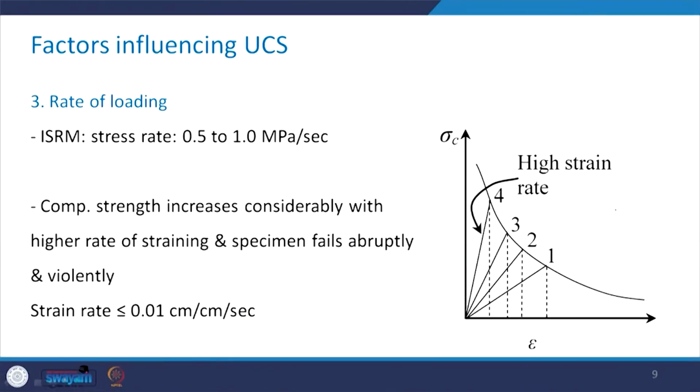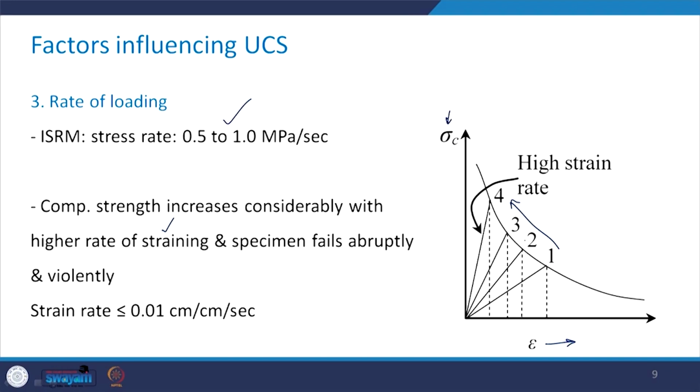Now, ISRM suggests that a stress rate of 0.5 to 1 megapascal per second should be adopted to conduct the test in the lab. The compressive strength increases considerably with a higher rate of straining, and the specimen fails abruptly and violently. You see a figure has been given here. This is the compressive strength, and on this axis we have epsilon. As it goes from 1 to 4, the strain rate is higher for 4 as compared to 3, 2, and 1.